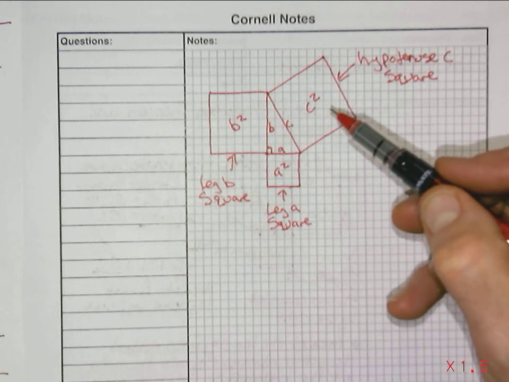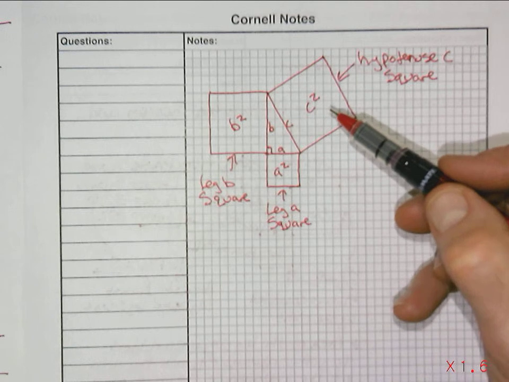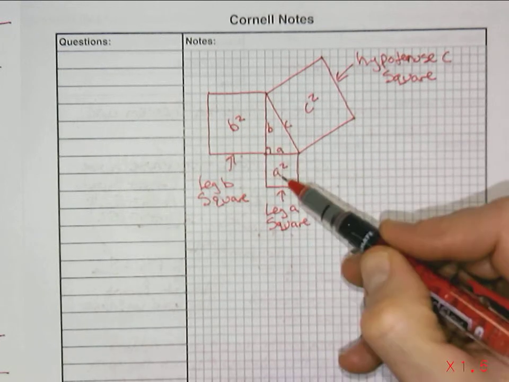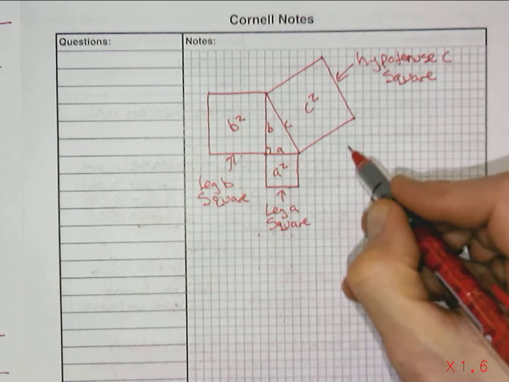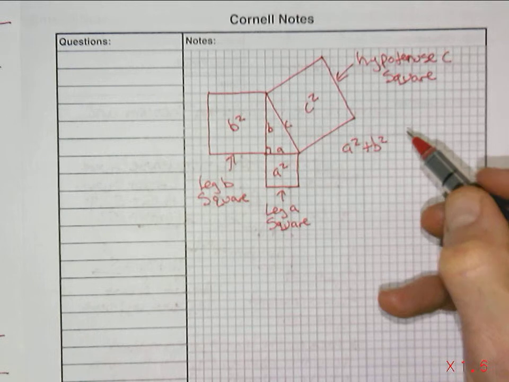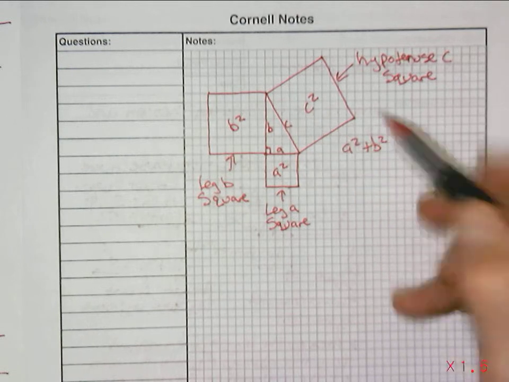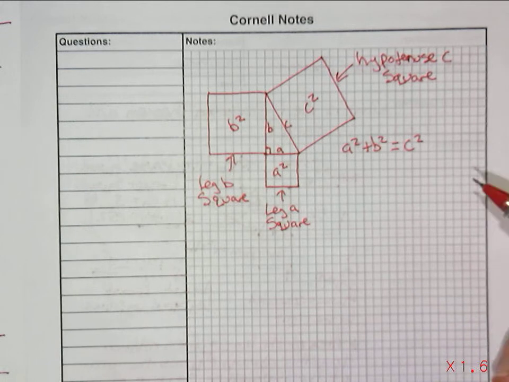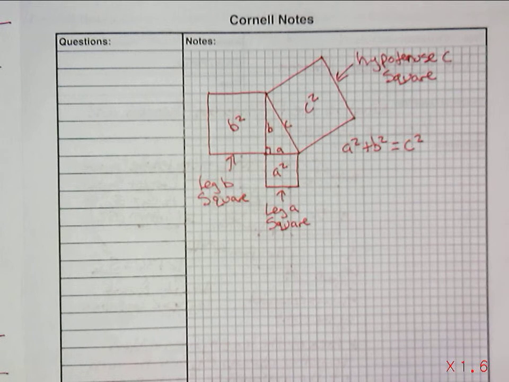And based on what we saw in the previous example, if we take these two areas, A squared plus B squared, they should add up to whatever C squared is. And this is the actual Pythagorean theorem as it's stated: A squared plus B squared equals C squared.